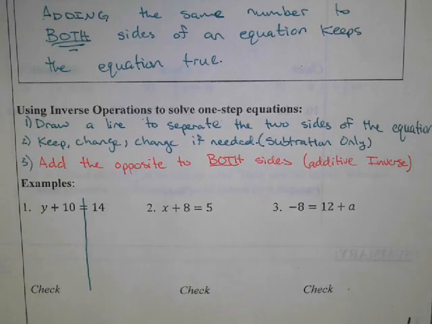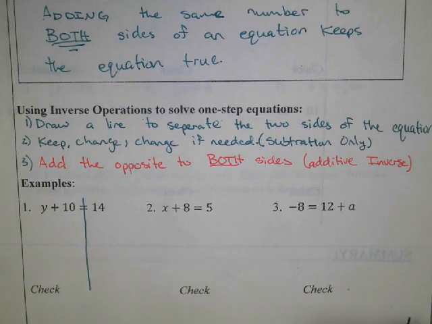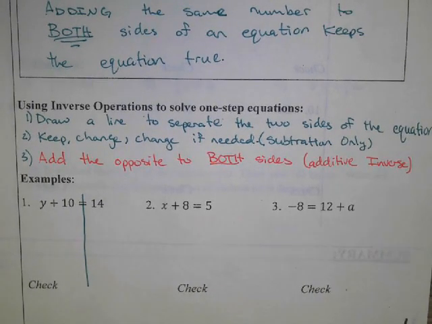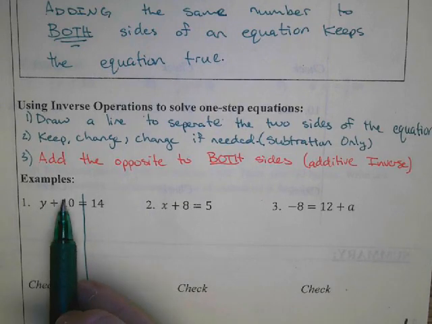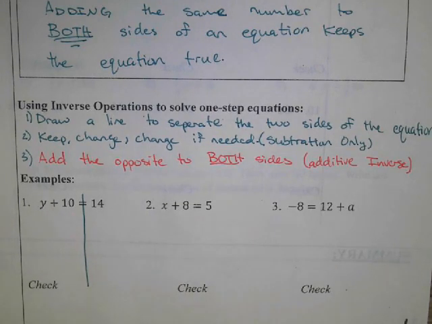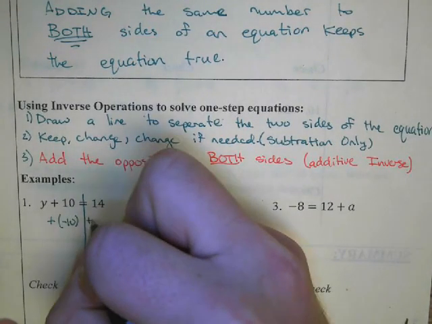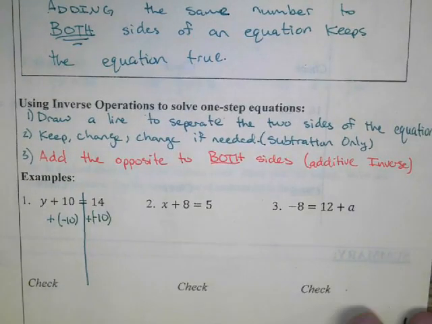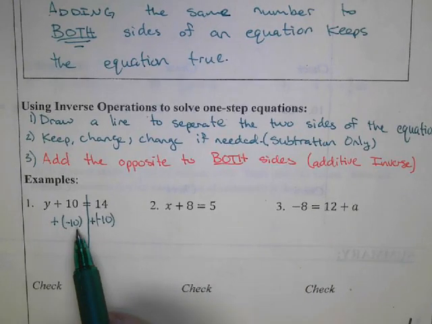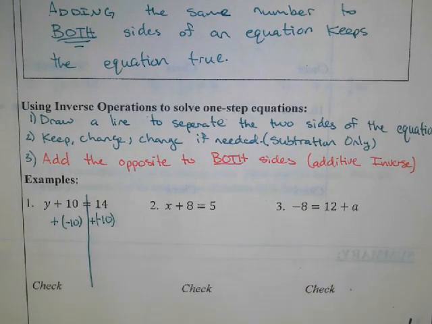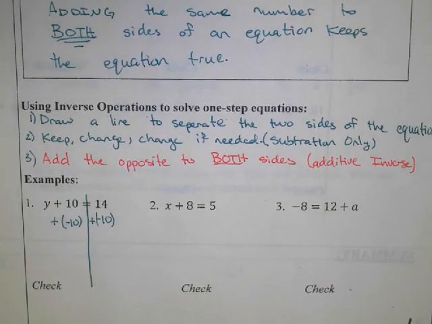So let's do that. We have y plus 10 equals 14 in our first one. Is there any keep, change? It's already a plus sign, so there's not. So our next step will be to add the opposite. The reason why we add the opposite is when I combine a 10 and a negative 10, that's going to equal 0. Since it becomes 0, they essentially cancel out.